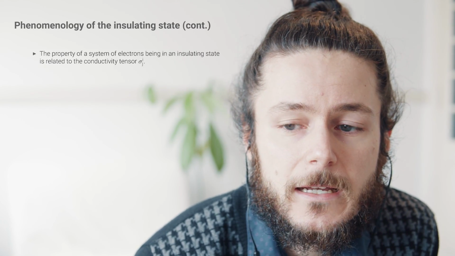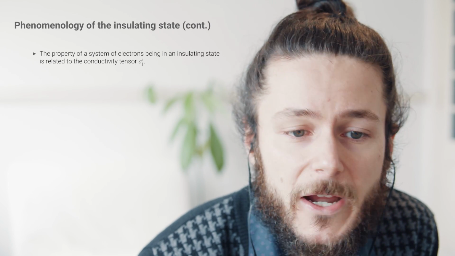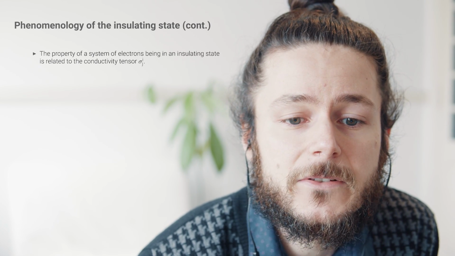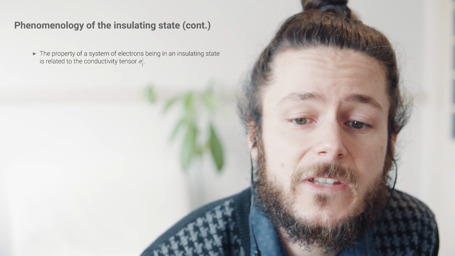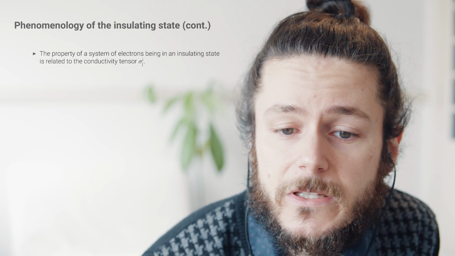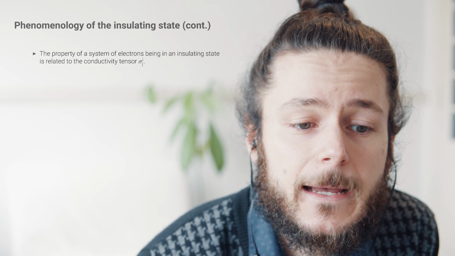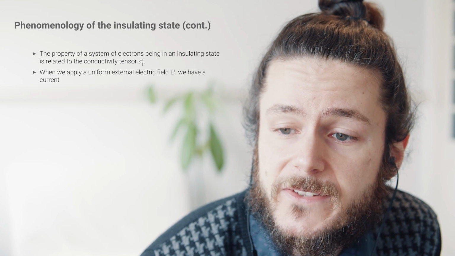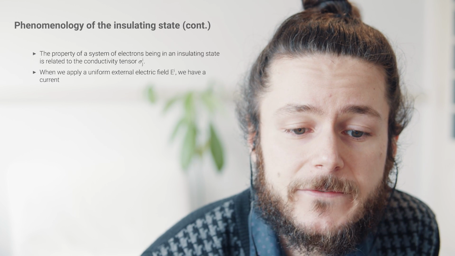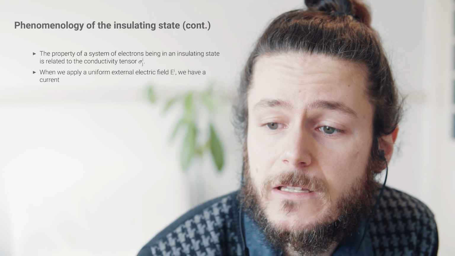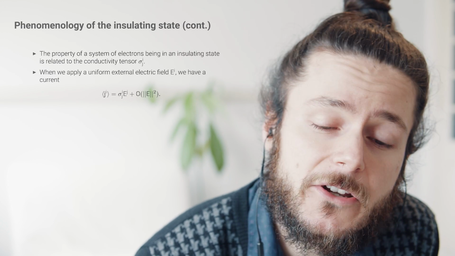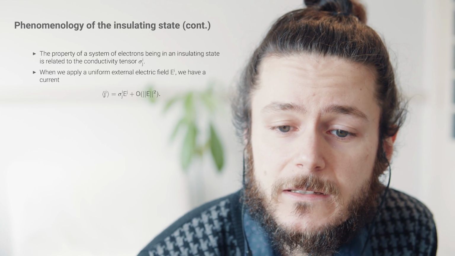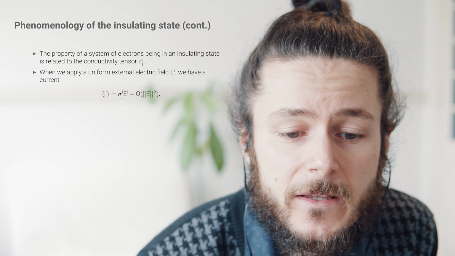Translating this into equations, the property of electrons being in an insulating state is related to this tensor, which is called the conductivity tensor. When I apply a uniform external electric field, I will have a current as given in linear response theory, which is a linear combination of the components of the electric field.